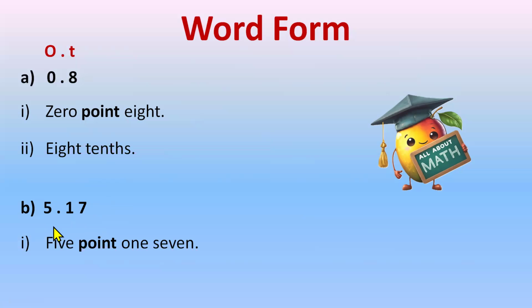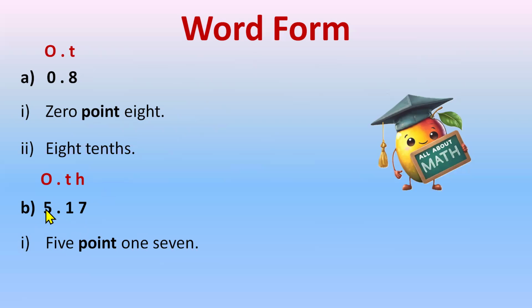So it's 5.17. While writing the second form, first write down the place value chart above the digits. So I have written above decimal, decimal. Before decimal is ones, then tenths, hundredths. So I have written the places here. Now while writing the second form, in place of decimal, this point, I'll use the word and.